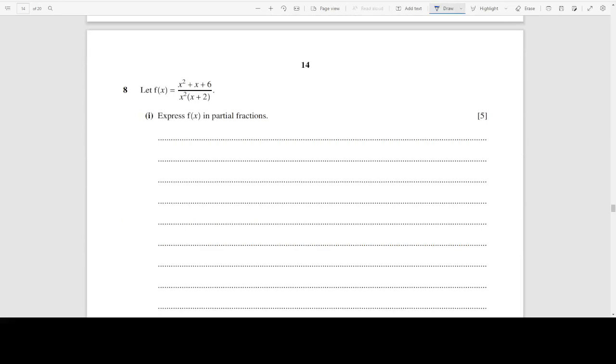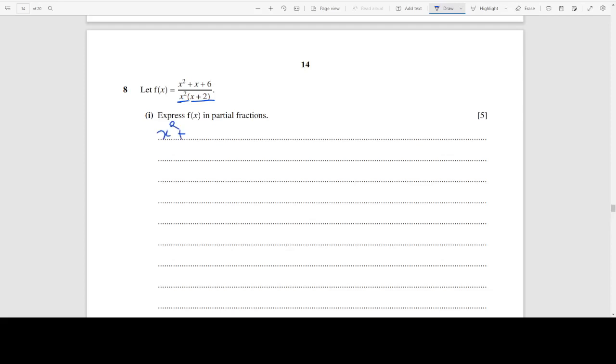Let f of x equal x square plus x plus 6 divided by x square into x plus 2. Express f of x in partial fractions. Alright, so we have x square and x plus 2. You all need to sort of memorize this partial fraction format, when we have a square term and a monomial term.